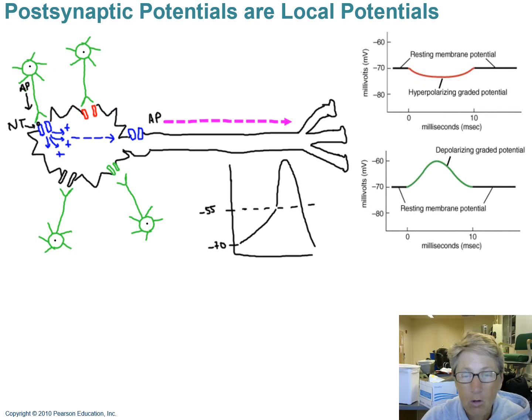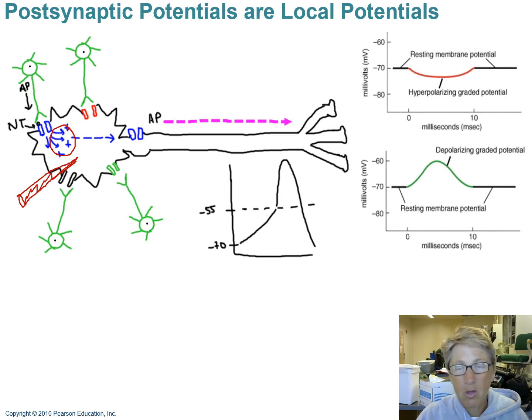And that's what these cartoons show, these graphs show. So let's look at this one first. If in our cartoon the positive charges came in, and let's say you have a giant electrode sticking in there. So that's an electrode, and it can read the membrane potential. So initially over here, before the stimulus, before the neurotransmitter bound to the channel, the resting membrane potential was -70.